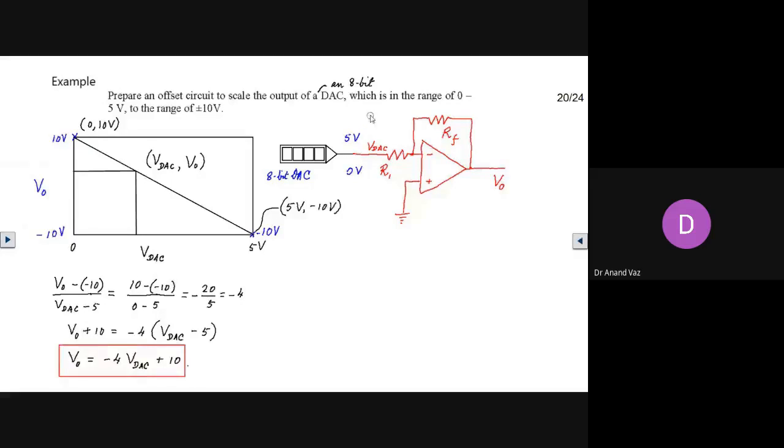So we need another resistance here. So either we could add it directly, or we could take it through a resistance like this.